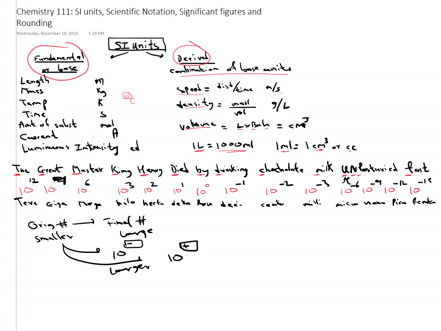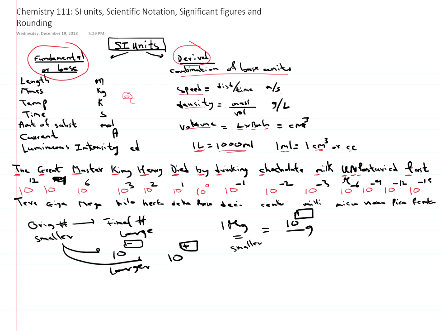If the original number is larger, it is 10 raised to a positive power. So, for example, suppose you want to convert 1 microgram to a gram. You know micro is smaller than a gram, so it has to be 10 raised to some power.